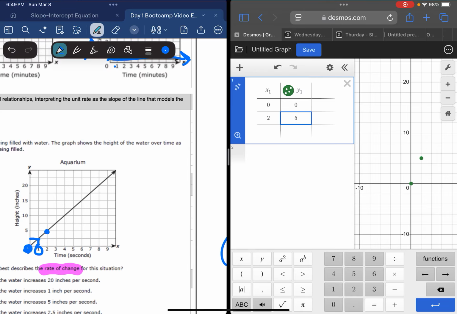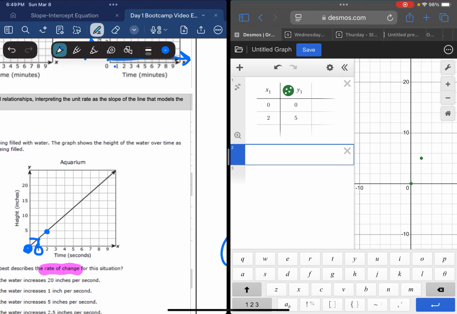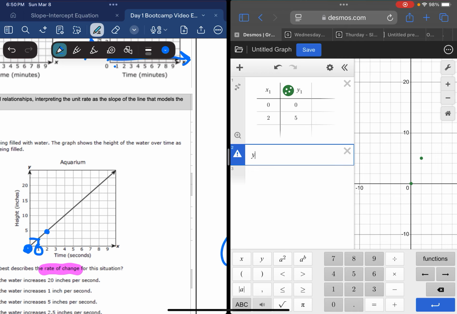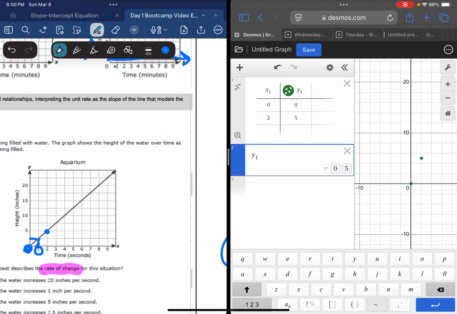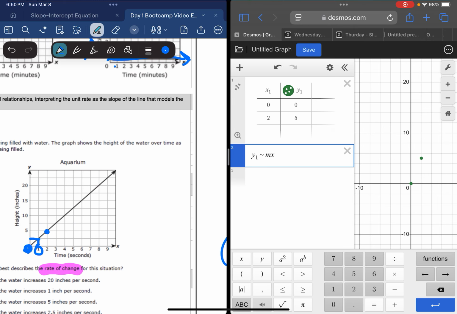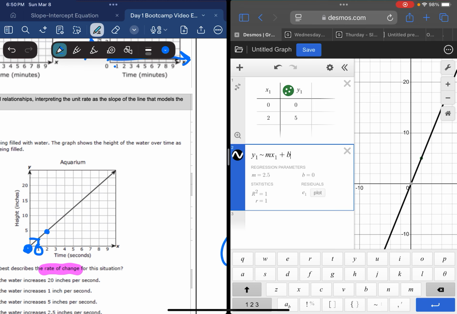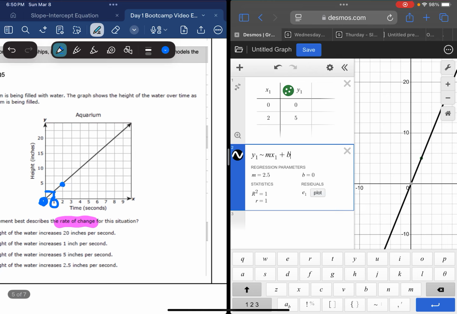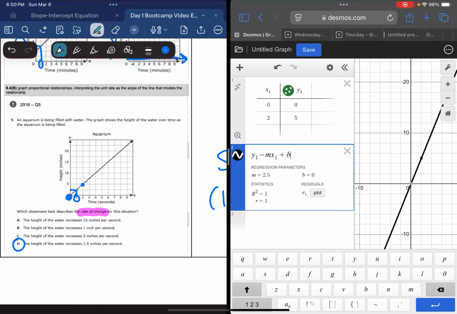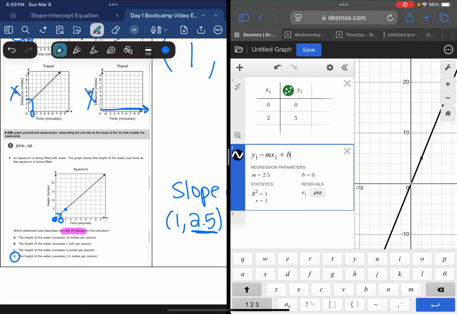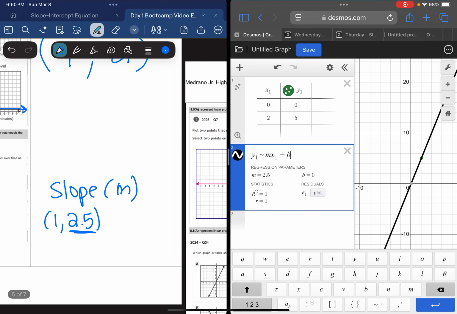Then I'm going to use my slope-intercept formula, y1 tilde mx1 plus b. And do you see here how that gives me my m equals 2.5? So my answer here is D. That's 2 different ways of figuring that out.